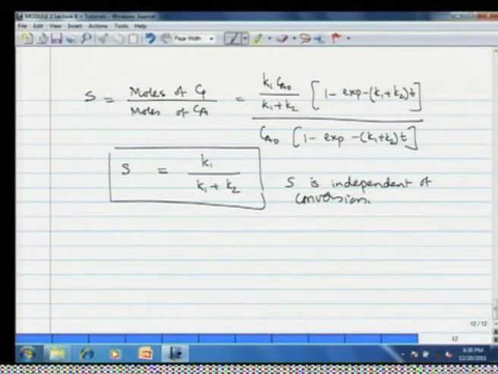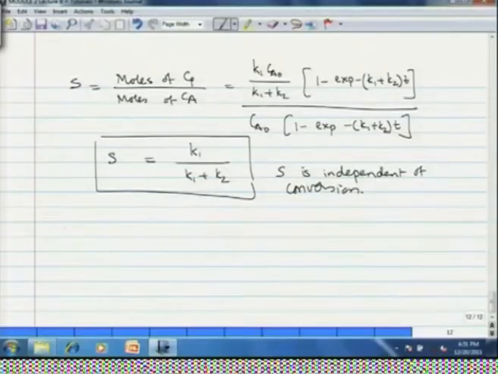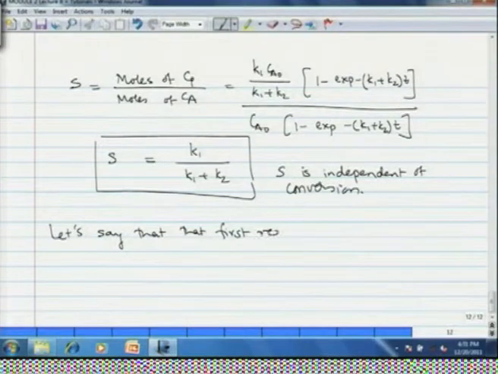Okay. Now, let us see a slight modification of this problem. Now, let us say that the first reaction is first order as earlier, but the second reaction is second order. And let us see how selectivity gets modified.